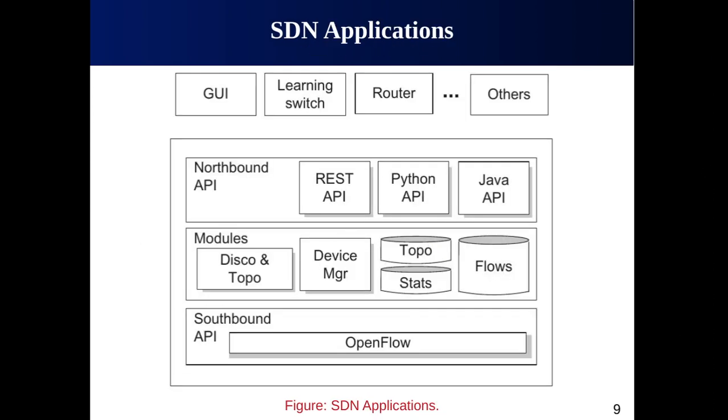SDN applications. The first point is that these applications run on top of the SDN controller, and they interface to the network with the help of the controller Northbound API. These applications are responsible for managing the flow entries that are programmed on the network devices. This is something very important.